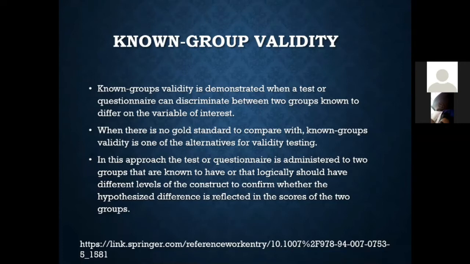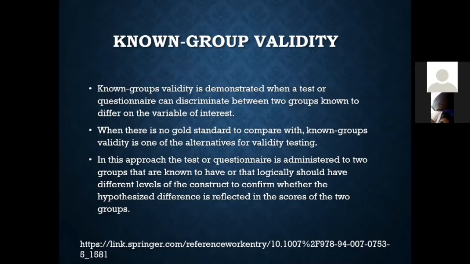In this approach, the test or questionnaire is administered to two groups that are known to have, or that logically should have, different levels of the construct to confirm whether the hypothesized difference is reflected in the scores of the groups.